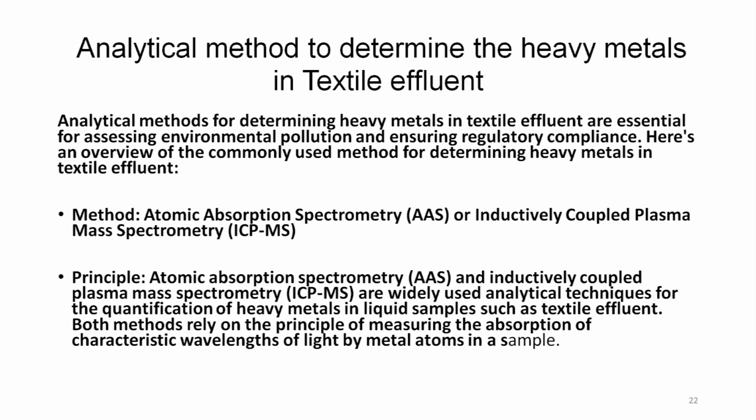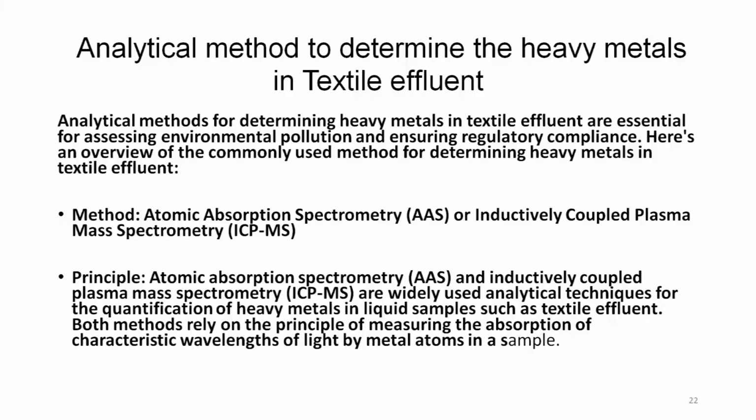Both methods rely on the principle of measuring the absorption of characteristic wavelengths of light by metal atoms in the sample. So, it is a method in which the absorption of light, just like the way we saw the color was also dependent on the absorption of light.